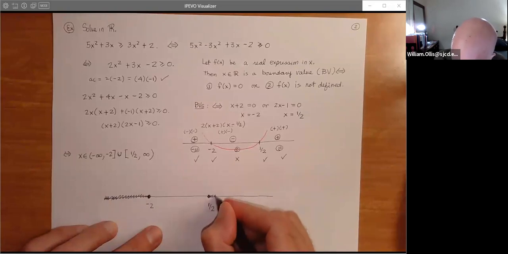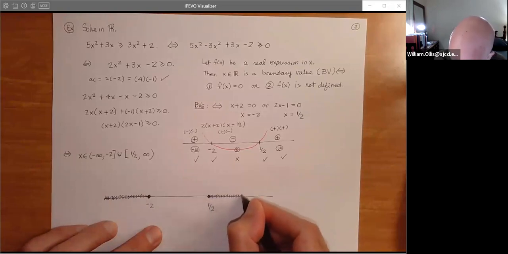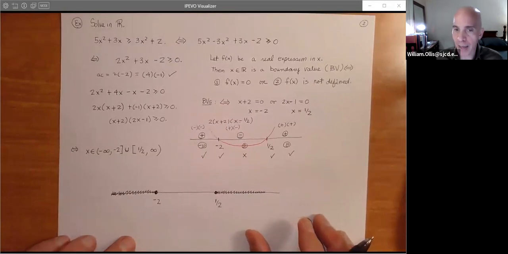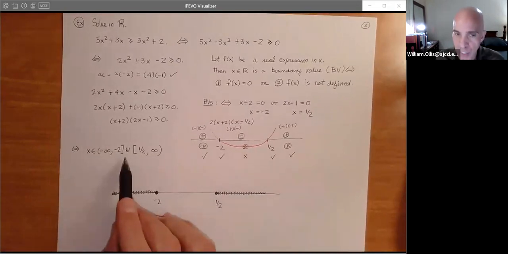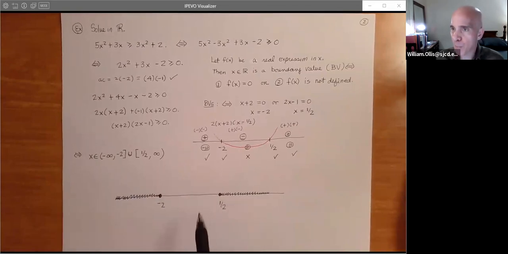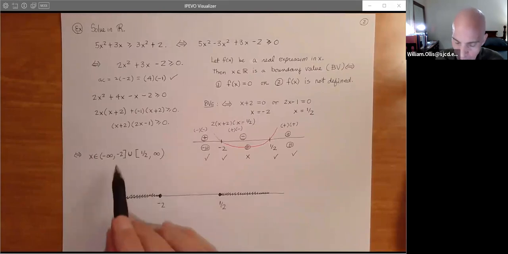Sometimes WebAssign will direct you to graph the solution set, the one-dimensional solution set like that. But of course, this is probably the preferred. Again, this is just a little extra, probably not as important as being able to write the interval notation.